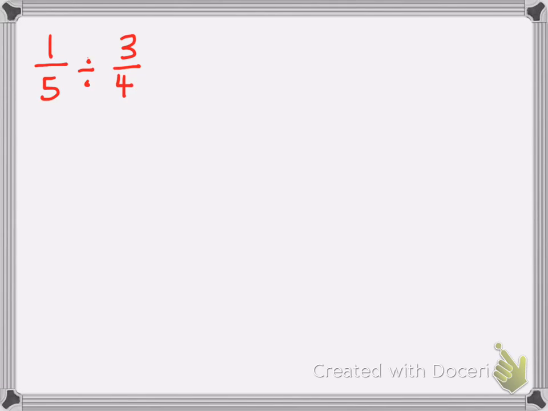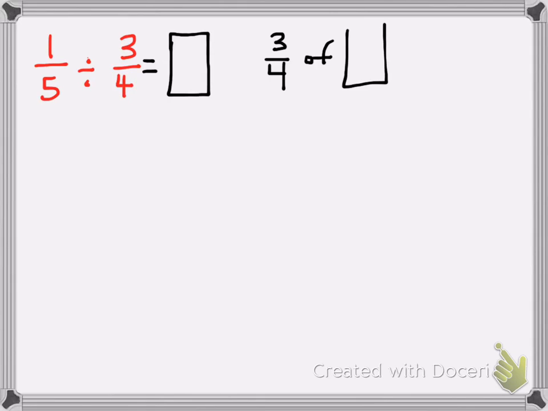1/5 divided by 3/4. I'm going to remember that that is going to be equal to something. And then I'm going to change this to a multiplication question. 3/4 of some number, don't know what it is yet, is 1/5. Okay, so now I know that 3/4 is 1/5. They're the same.